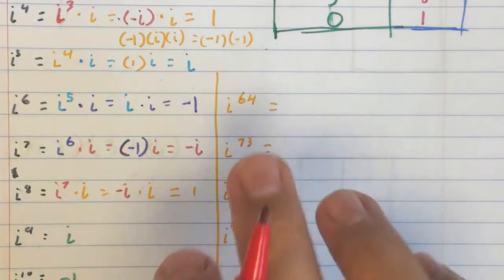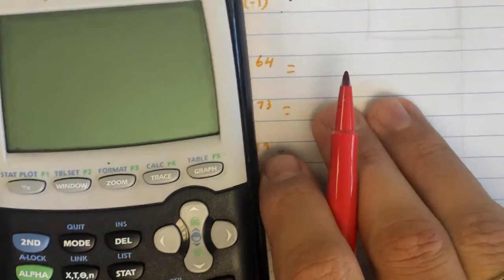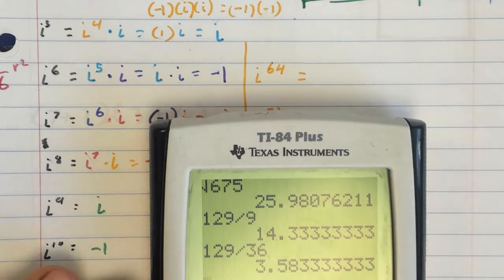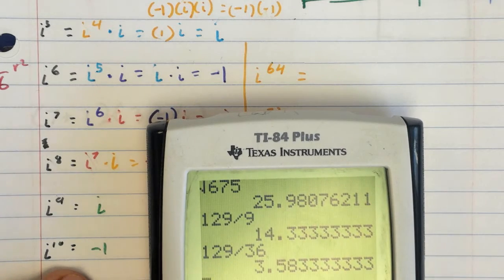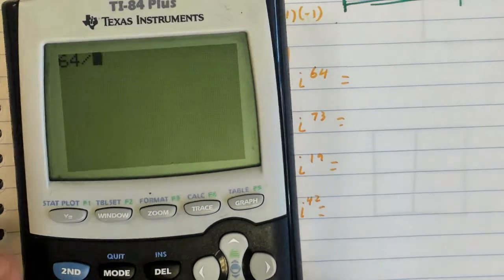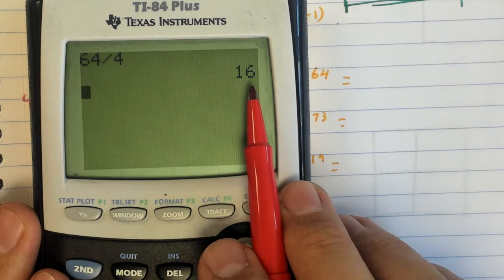So let's go ahead and do 64. You grab a calculator. I to the 64 right here. We're going to do 64 divided by 4. Is there going to be a remainder? There's no remainder.